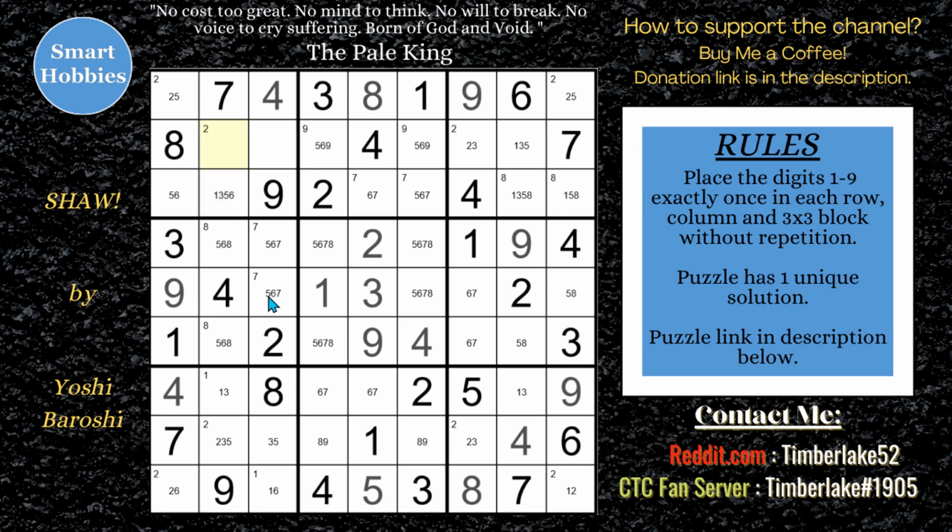And right here, we're looking at 4, 7, 8, 9. So 1, 2, 3, 5, 6. It's a lot. And right here, 2, 4, 7, 8, 9. So 1, 3, 5, 6. Okay, we got the whole grid. Now we need to look for what kind of restrictions and solving can we make here.